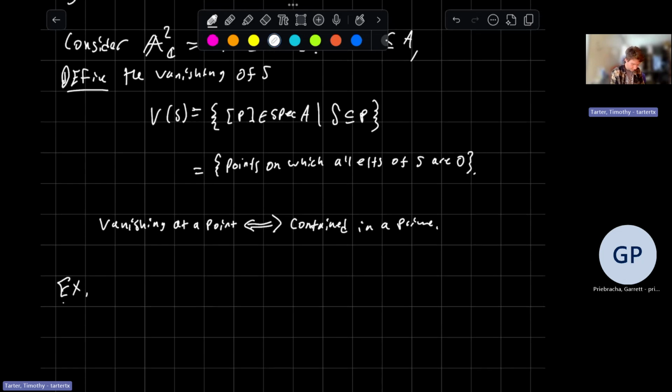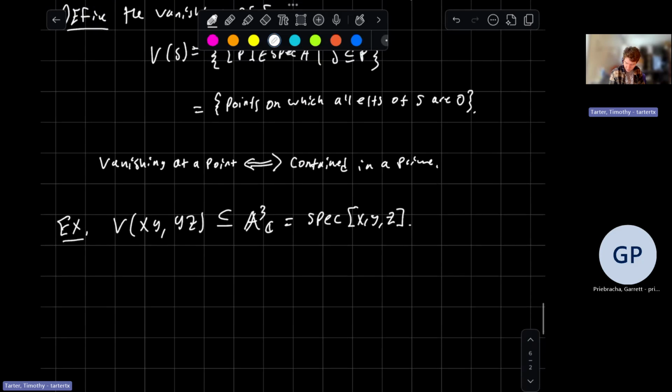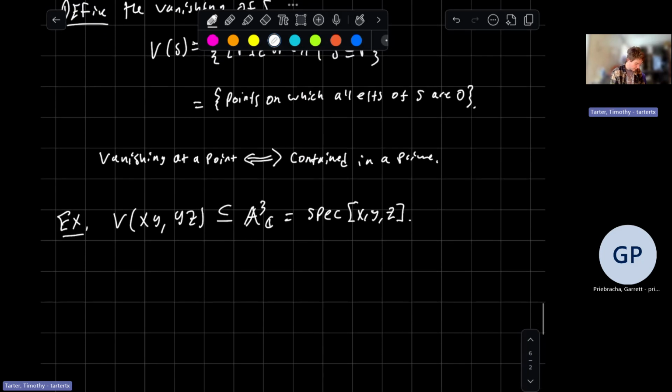As an example, consider the vanishing of V(xy, yz) contained in affine 3-space, which is Spec C[x, y, z]. We think of this as solving for all the points x, y, z such that xy is equal to yz is equal to 0.